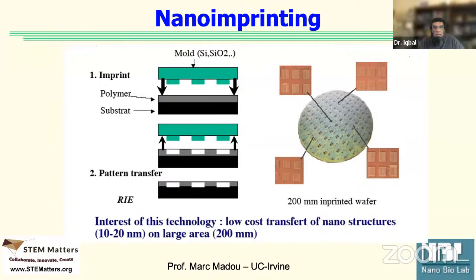Yeah, go ahead. Sir, in general, how many times can nano imprint stamps be reused, sir? Very interesting question. How many times can that mold be used to keep on printing? It depends on the material, but you are very right. After a certain number of uses, the patterns on the mold will get destroyed, they get smaller, they would lose their walls, they will not be as sharp as they were at the start.